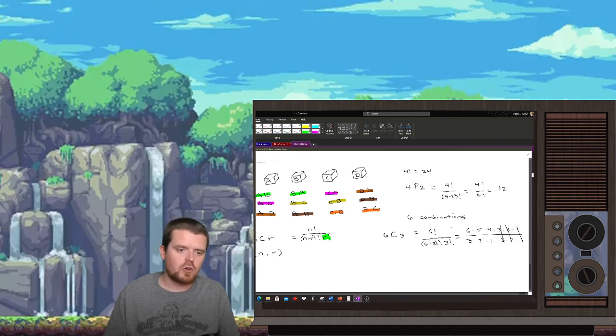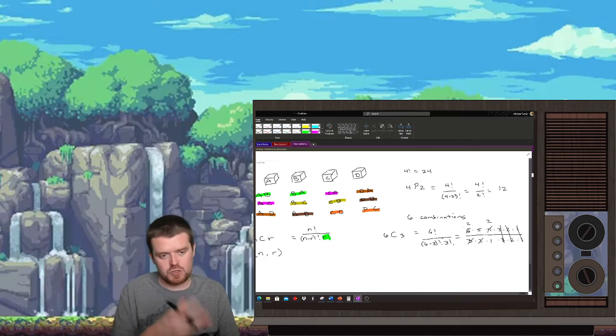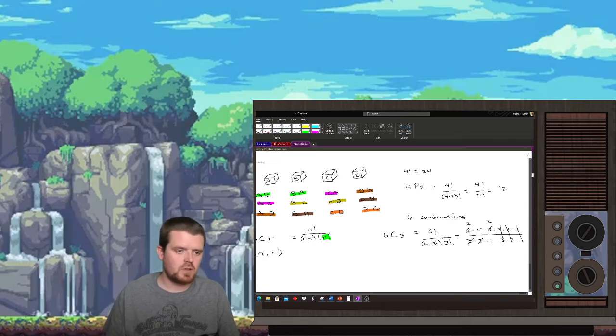And then I would cross simplify. 4 divided by 2 is 2. 6 divided by 3 is 2. So 2 times 5 is 10 times 2 gives me a final answer of 20. There are 20 groups of 3 that I can pull out of a group of 6. And that's how you would do these problems. Again, it could be something like a combination problem, or it could be a word problem.